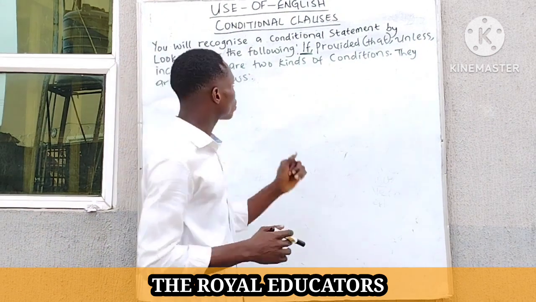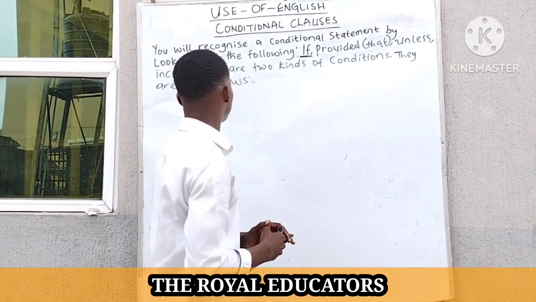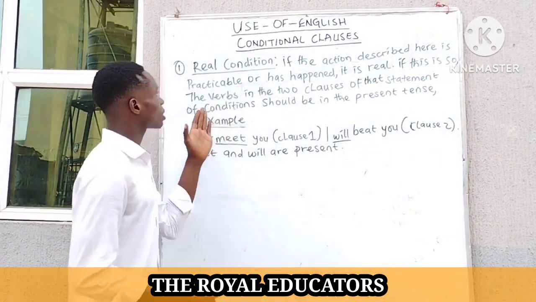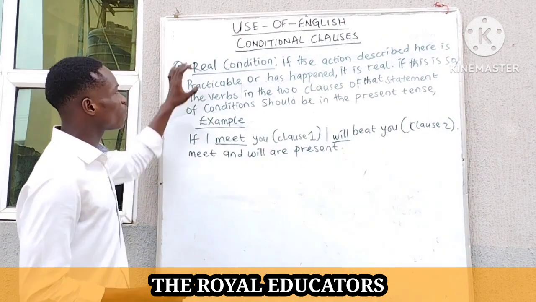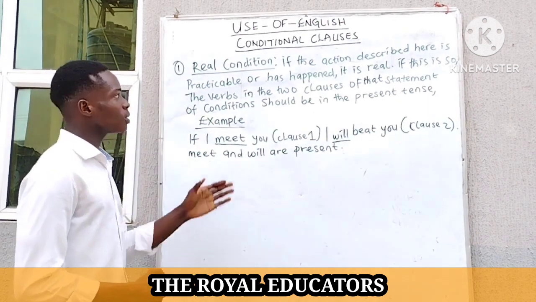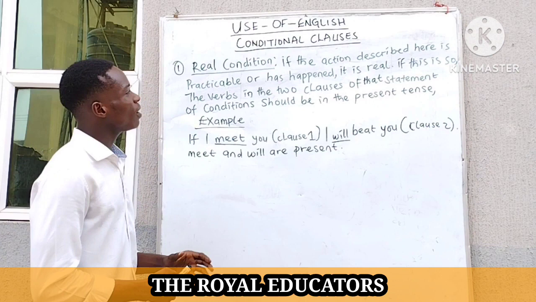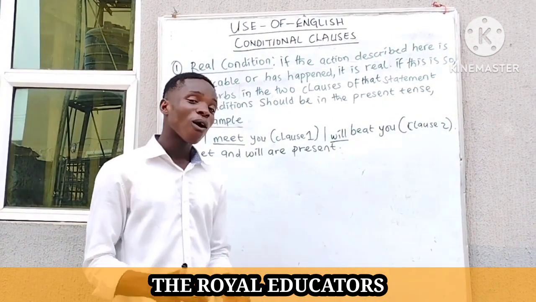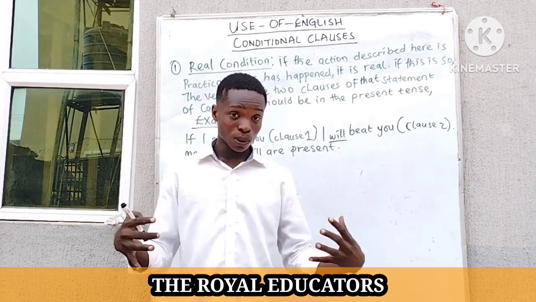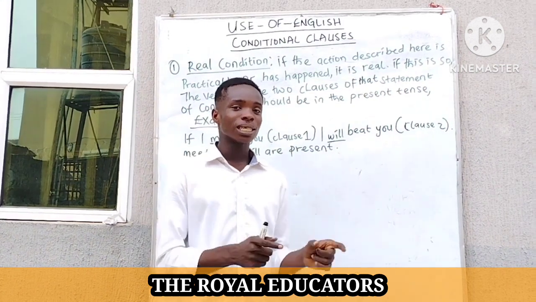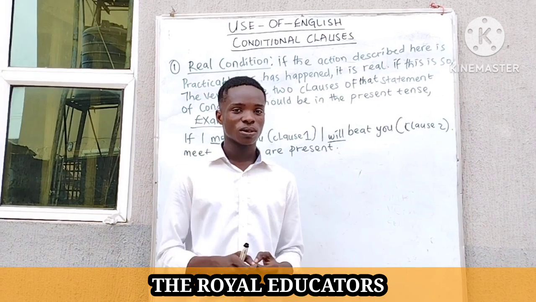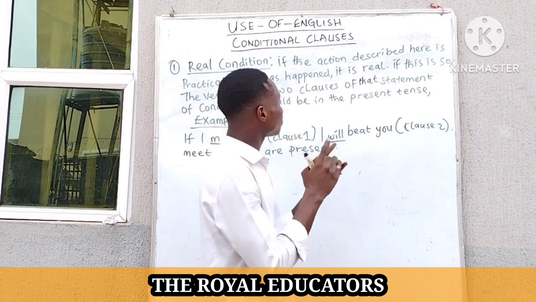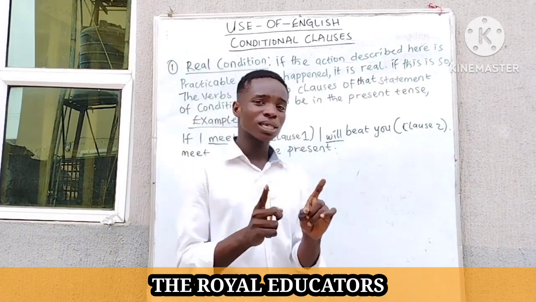Now there are two kinds of conditions. Number one, we have the real condition. As you can see on the board, if the action described here is practicable or has happened or can happen or is likely to happen, then that condition is real. If this is so, the verbs in the two clauses of that statement should be in present tense.